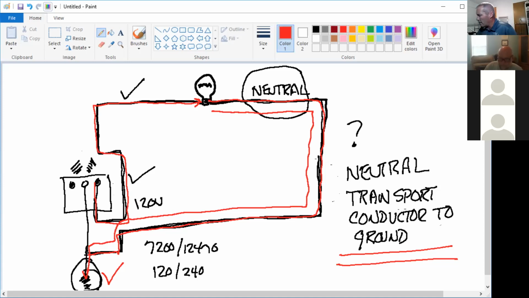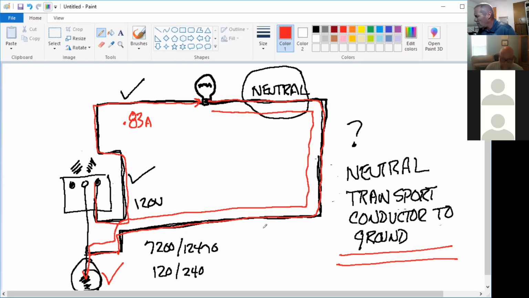To wrap up, how many amps did we say was on the hot wire? 0.83. That's on the energized conductor going to the light bulb. How many amps are on the neutral? Same.